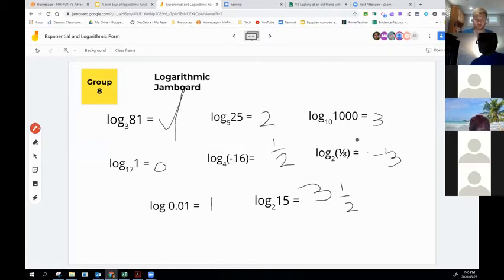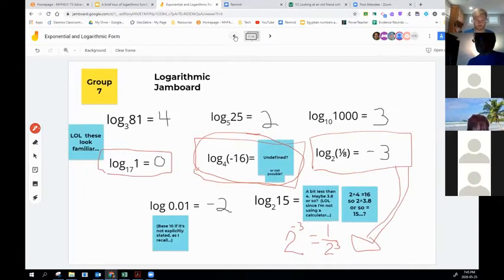They had this right. Logarithm of, now there's something I want to highlight here, because I think there were 1 or 2 teams that picked this up very quickly. Take a look here. There's no base here. So this group did recall that when we do not specify a base, we by default know it's 10.